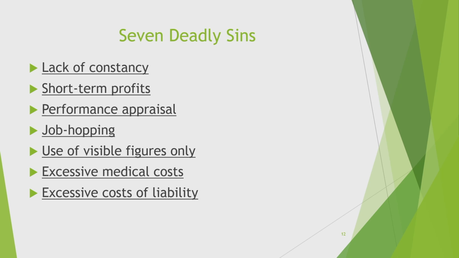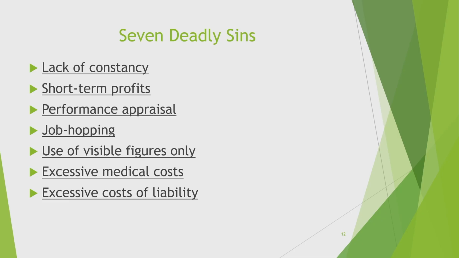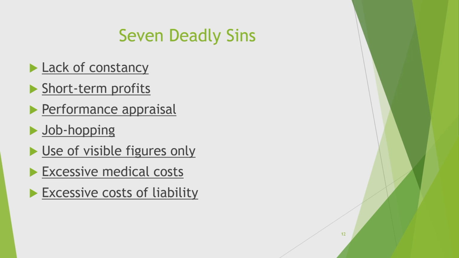Then short term profits. Many times we just see the short term profits, that is also a sin. Performance appraisal: many times some people get surprised when I tell this point, but Deming said that also, and Deming was dead against performance appraisal. He wrote paragraphs and paragraphs about that, because it will not help anything, but it will create depression in the minds of the workers, and they will not have a team feeling.